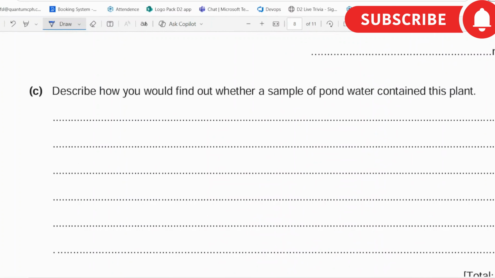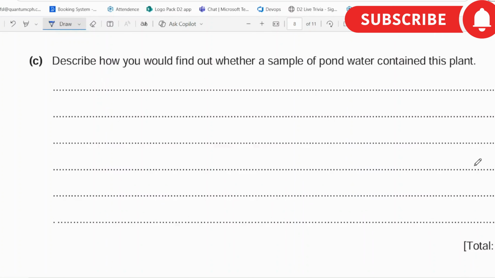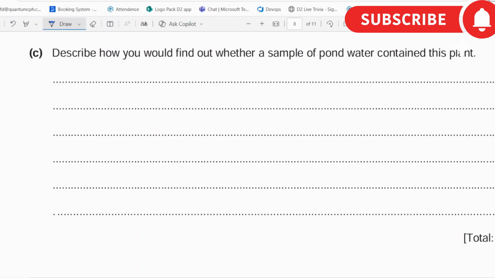Describe how you would find out whether a sample of pond water contained this plant. What would you use? You have pond water. Now, how would you prove that this can be present in the water?